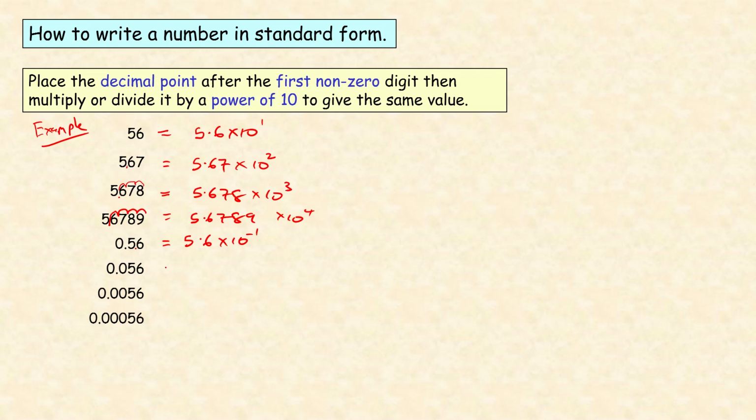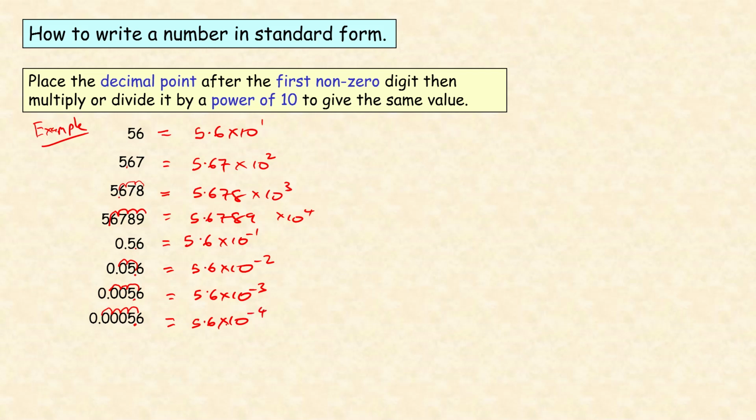We've done that one. Here is going to be 5.6 times 10 to the power of, we count backwards, 1, 2, minus 2. Again, it's going to be 5.6 times 10 to the power of, when we count backwards, 1, 2, 3, minus 3. And the final one, again, is 5.6, decimal point goes there, times 10 to the power of, counting backwards, 1, 2, 3, 4, minus 4 because we counted backwards.